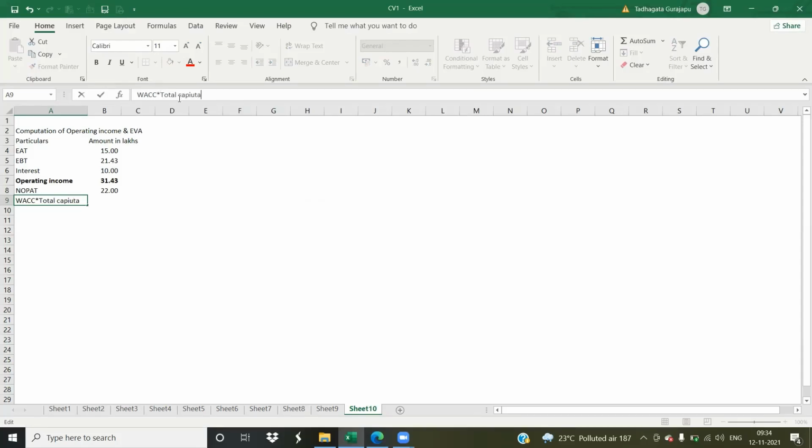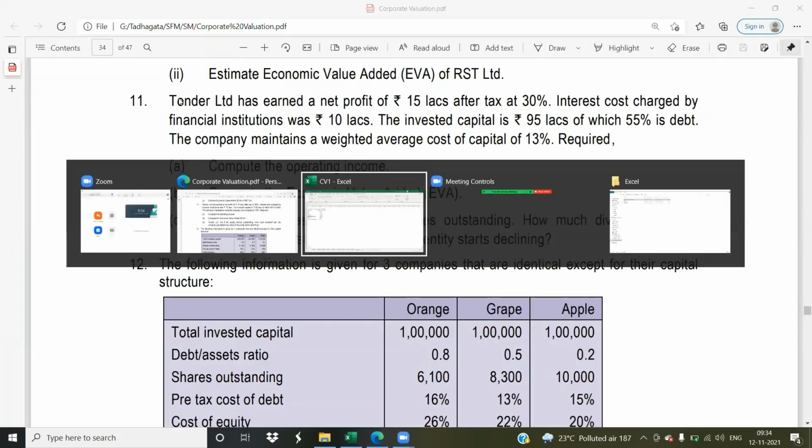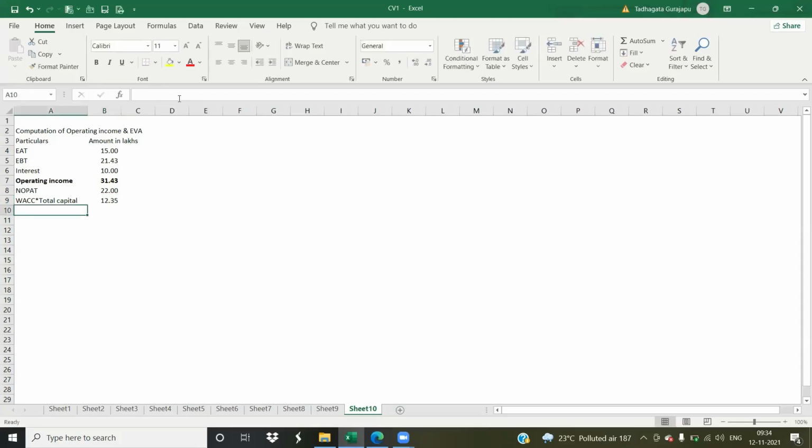WACC into total capital is equal to 0.13 into 95 lakhs. So what is EVA? EVA is nothing but NOPAT minus WACC into this one.